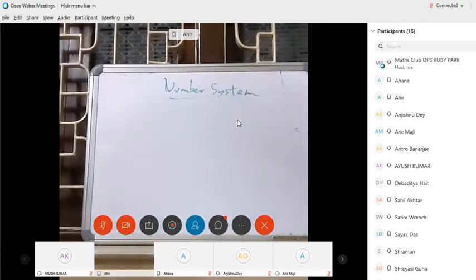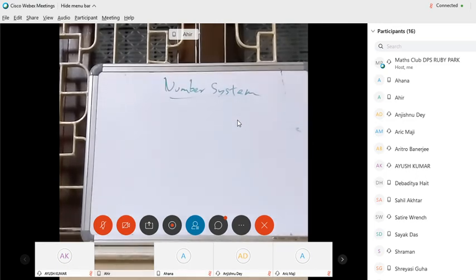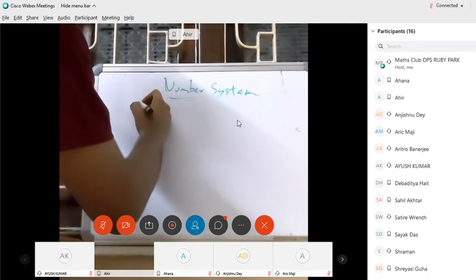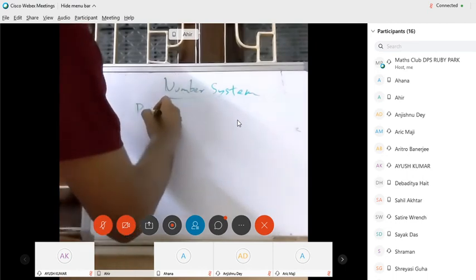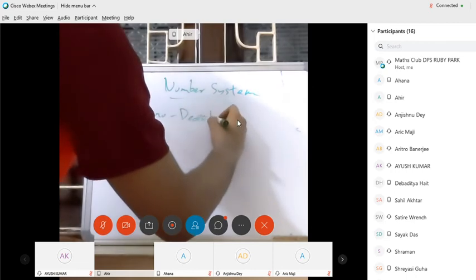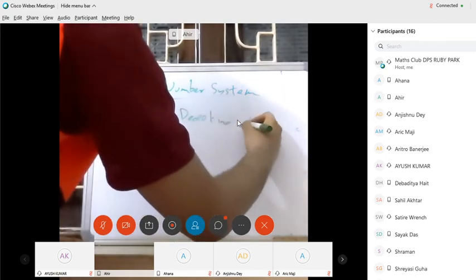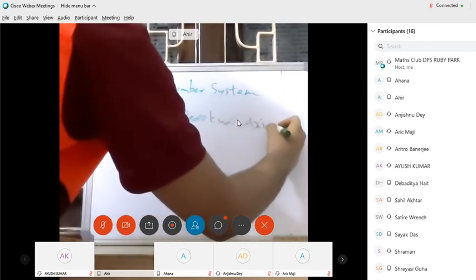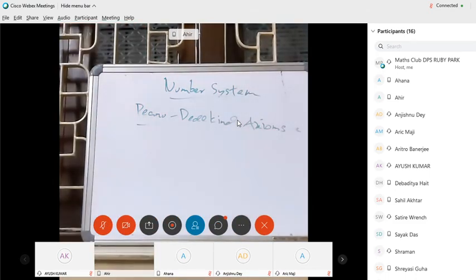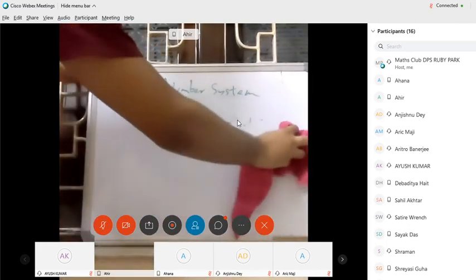How did this system come to be? The foundation of this system are the Peano-Dedekind axioms. The number system rests on these axioms. So what do these state?